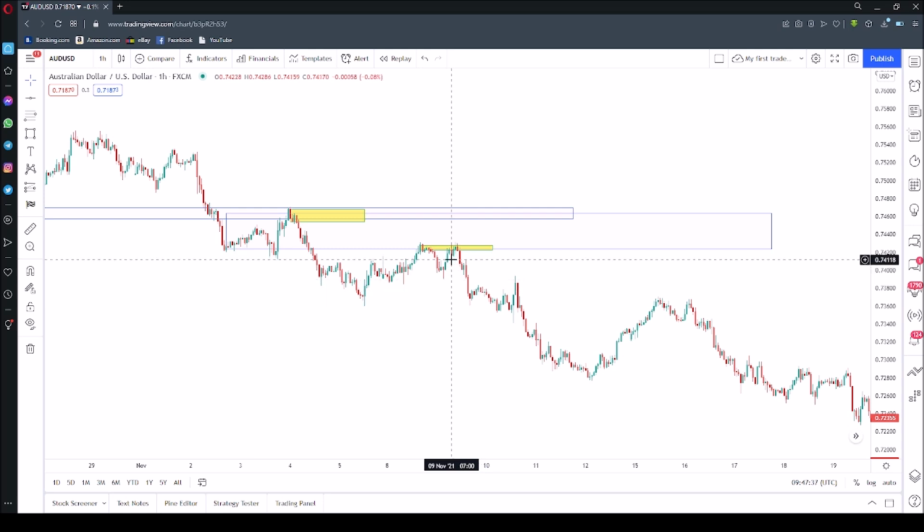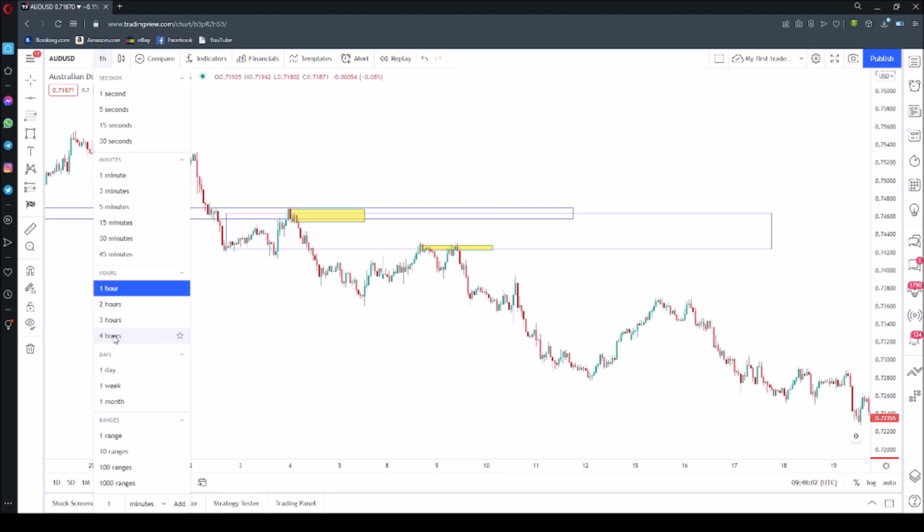If you want to get a pristine trade, you can even go on the M5 time frame to find the M5 order block, which will be retested for you to get an entry. But in this case, even on the H1 time frame, rejection candlesticks can offer us an entry opportunity. Therefore, this was a valid point to sell the market.